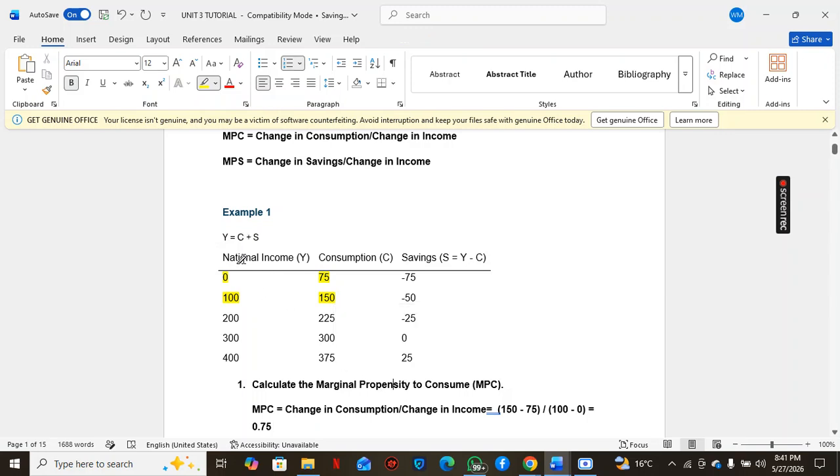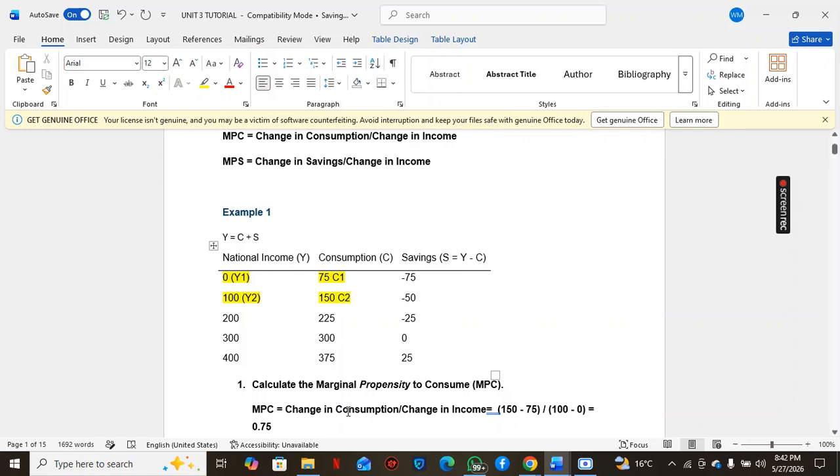We've got our national income, the old one, which is 0, and the new one, which is 100. We'll call these Y1 and Y2. Then consumption, C1 and C2.